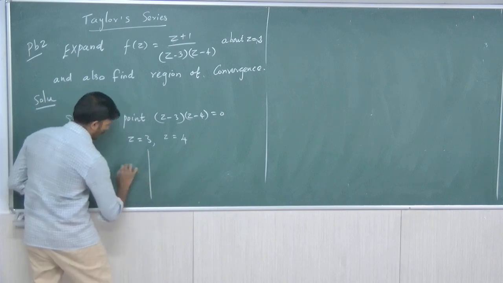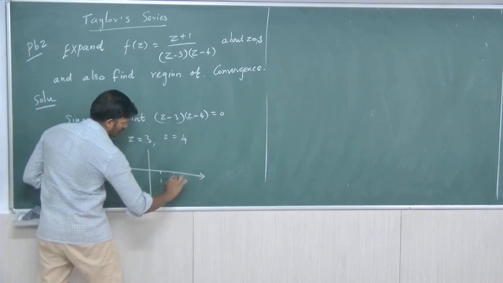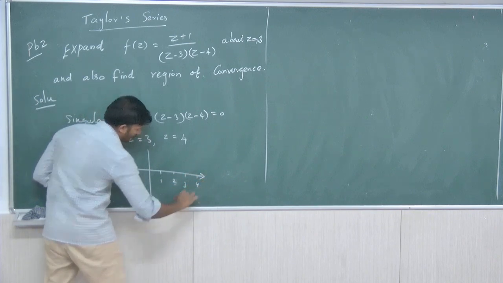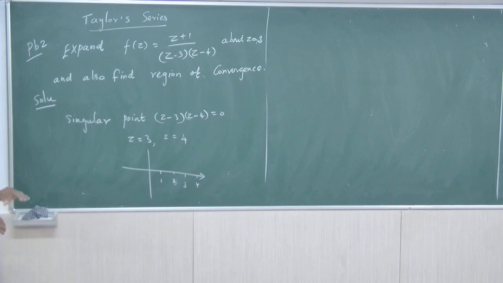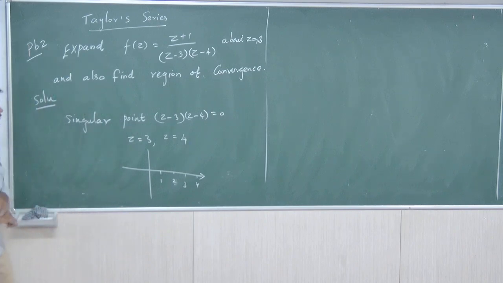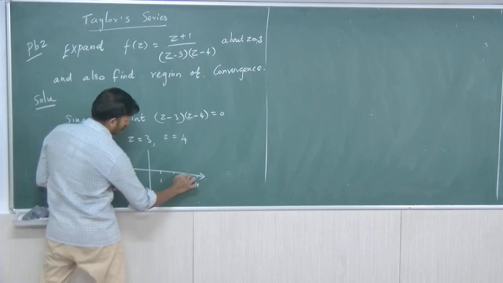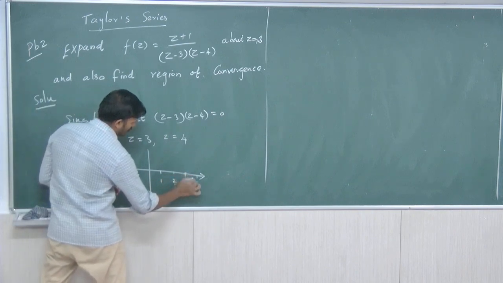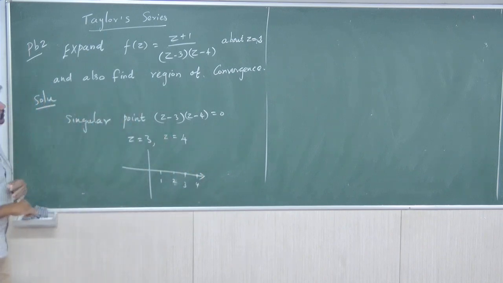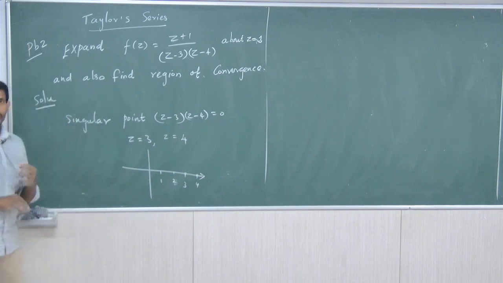Suppose you try to plot these points in a complex plane. So 2 and 3, if you plot, this point comes here. They are asking to expand this function about z equal to 2.